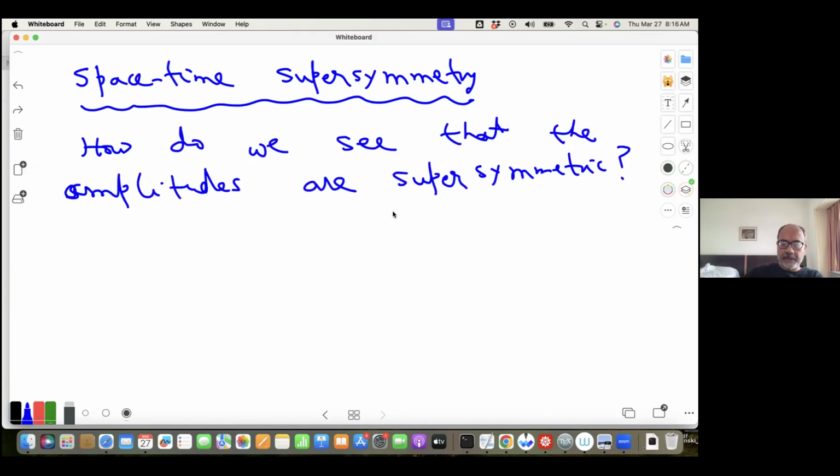Now there are the supersymmetric Ward identities. Basically, it means that in an amplitude, you have to vary each external state one at a time, and the sum of the variations should give you 0. So this is for normal symmetry, the normal derivation of the Ward identity.